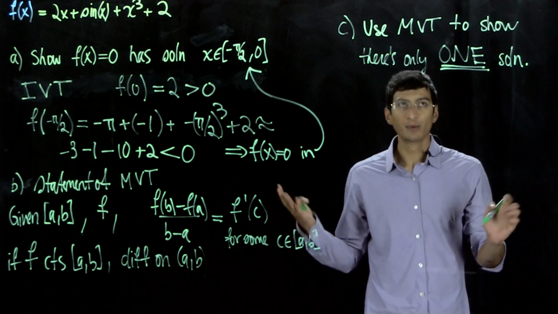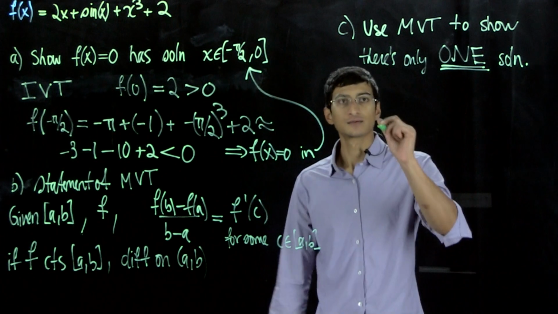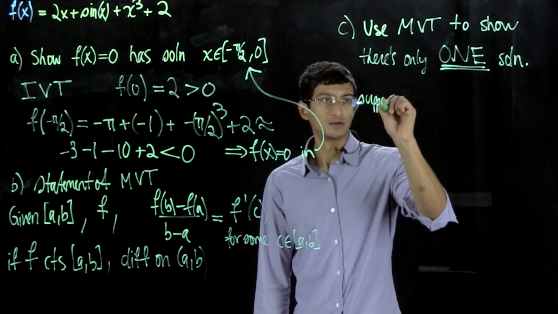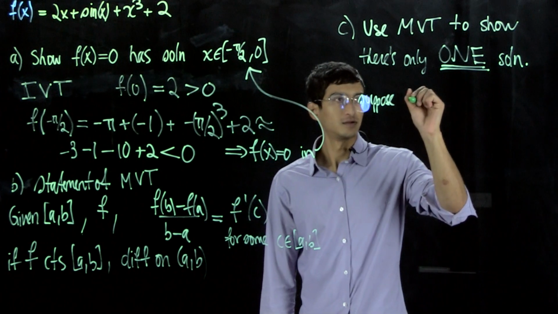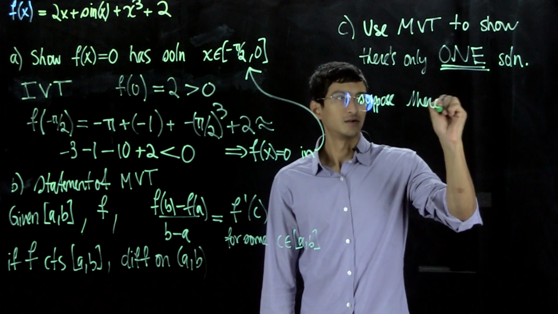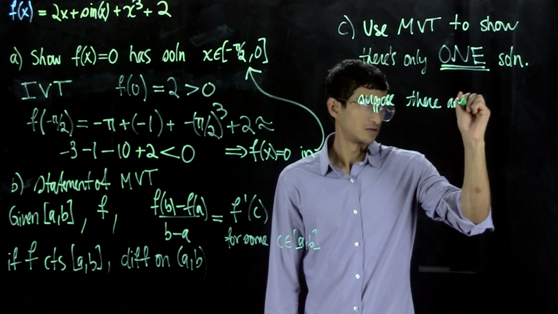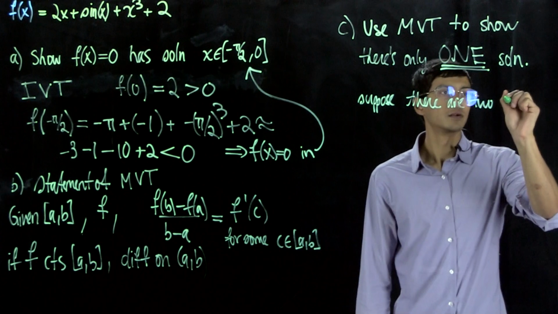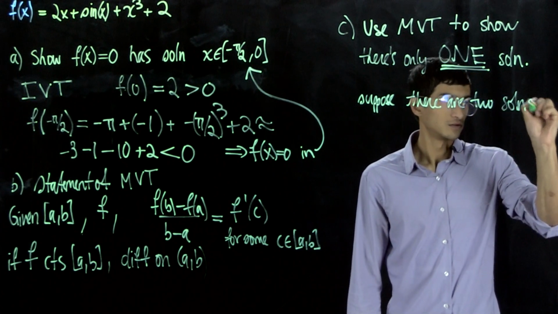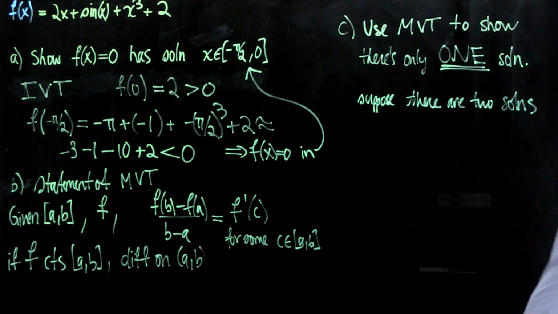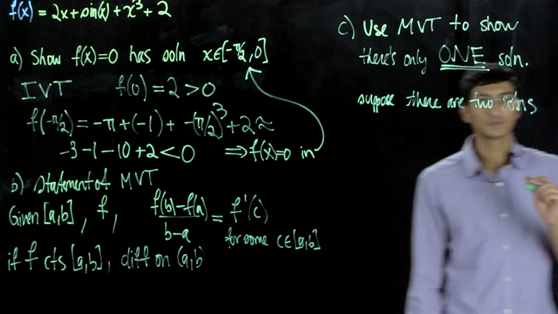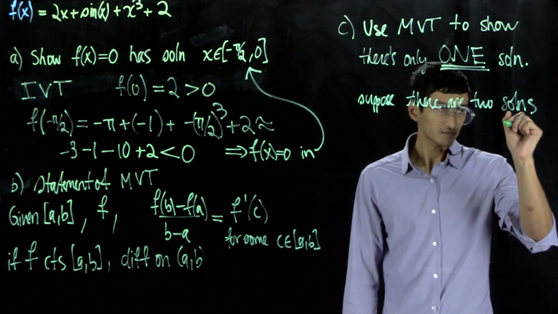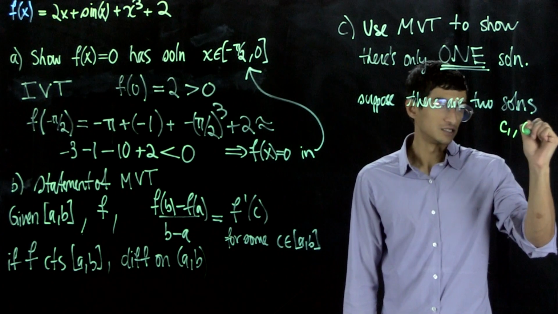So suppose that there are two solutions. Suppose that there are two, and let's call those solutions C1 and C2.